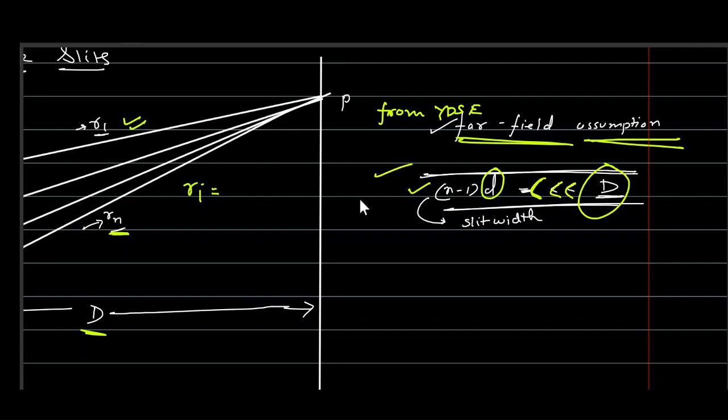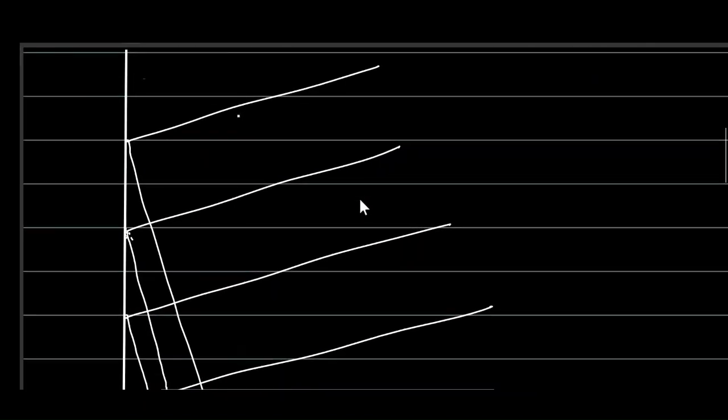Why this approximation helps is that we can consider these rays to be parallel to each other, and due to this condition we can easily calculate the path difference, which in turn helps us calculate the phase difference.